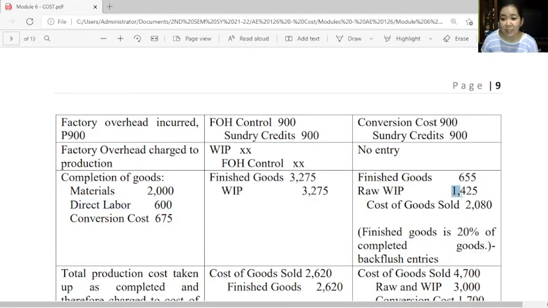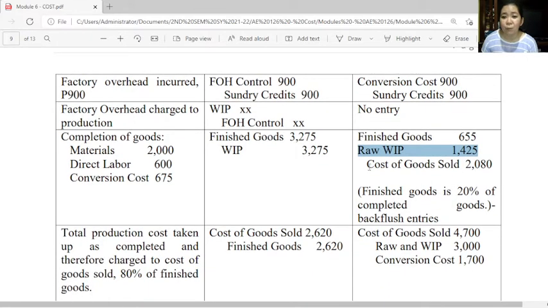Again, this is placed here. And lastly, for conversion cost, we debited here 900, but the completed goods is charged for 625. So the difference of 275 is also debited in work in process. So this is what the 1,425 comprises, those differences.